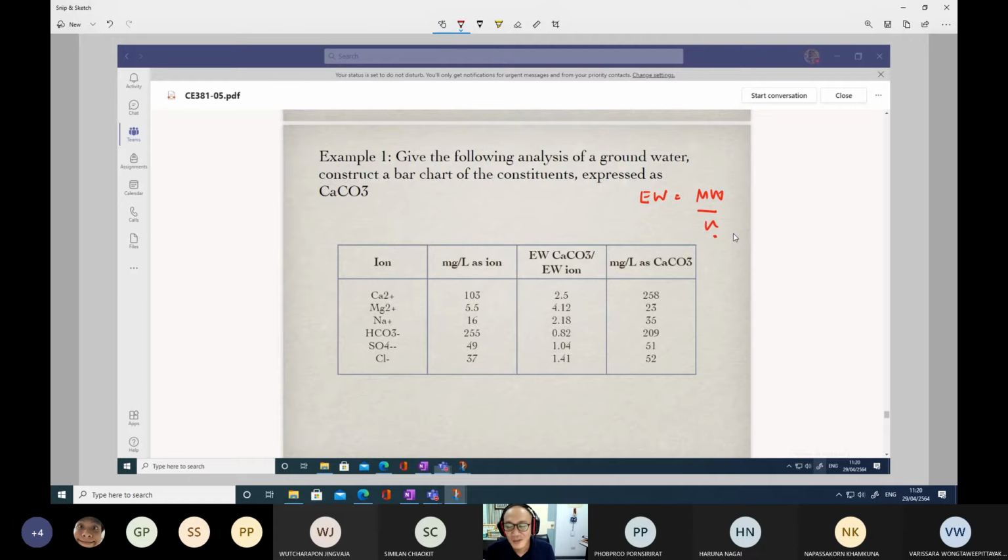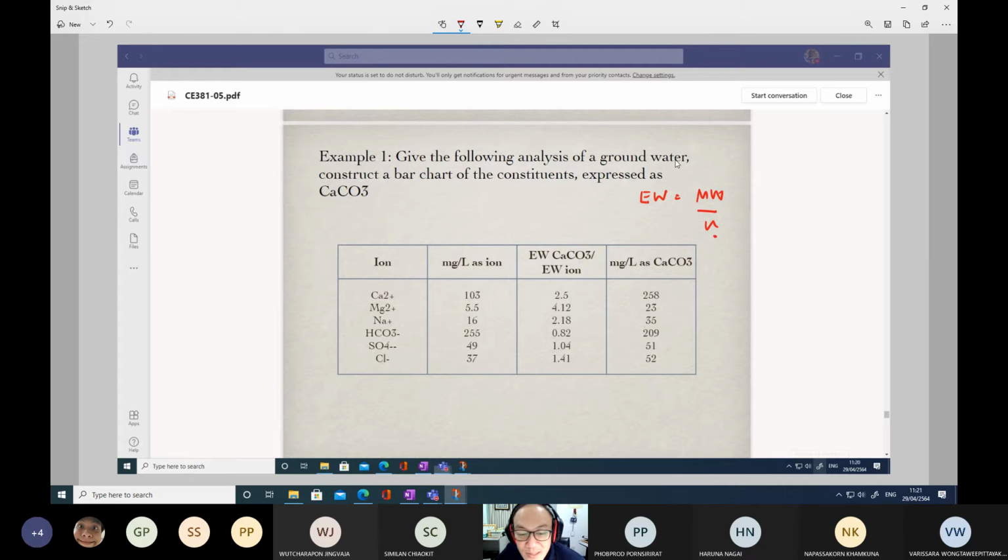N is the number of charge exchange in the case of an ion, or N may be the number of hydrogen ion exchange in the case of an acid-base reaction. But for oxidation-reduction, N is the number of oxidation number changed.